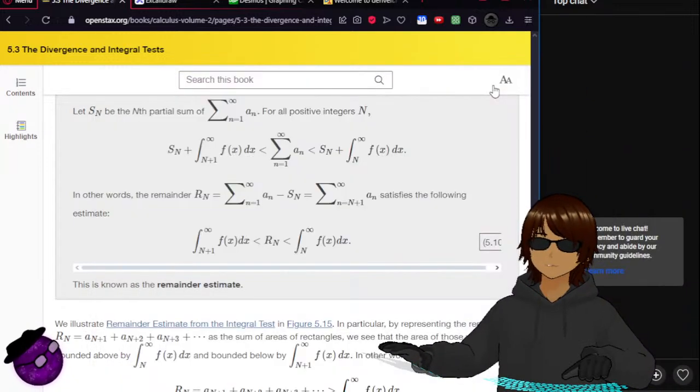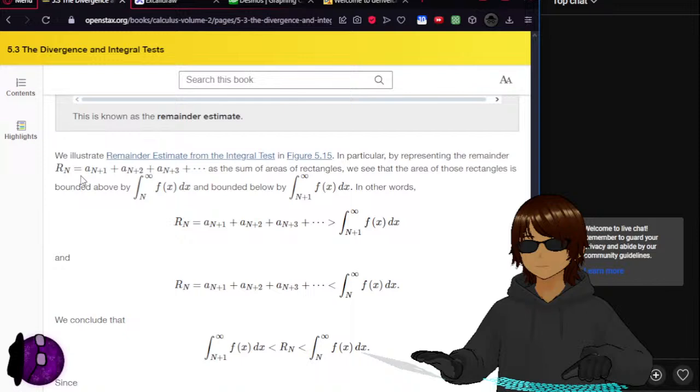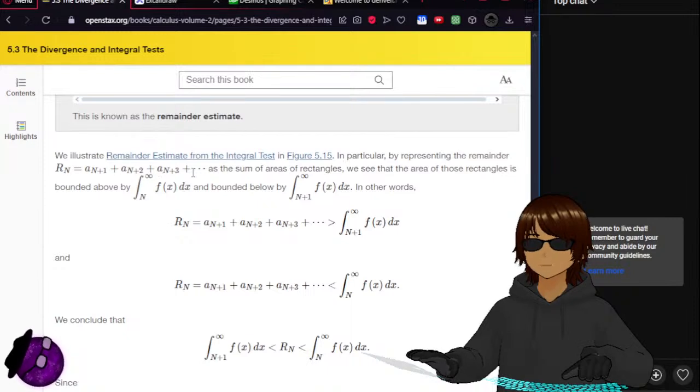I don't understand. The remaining sum n plus 1, n plus 2, n plus 3 is the sum of the areas of rectangles.